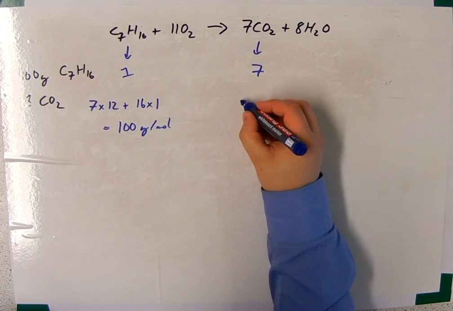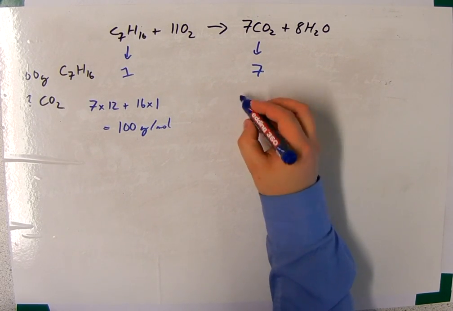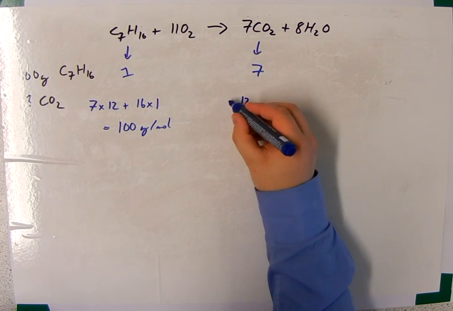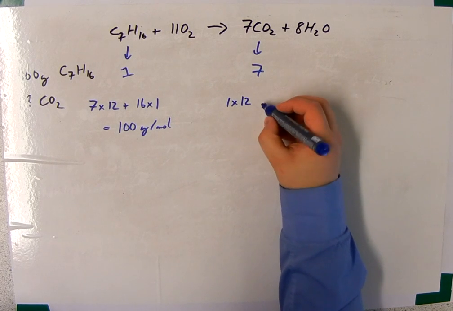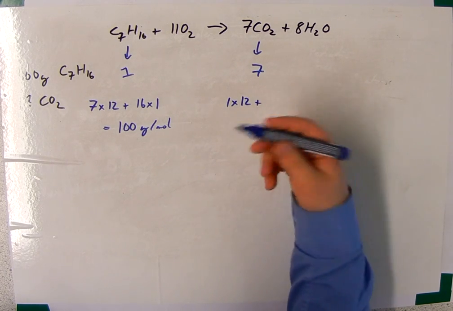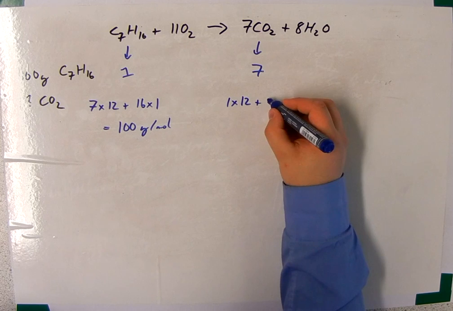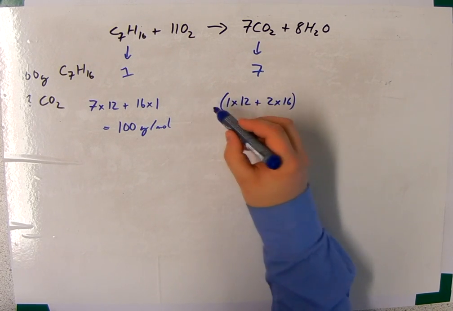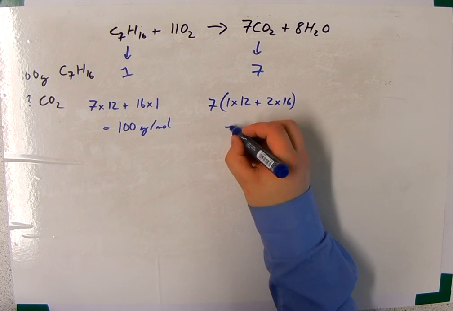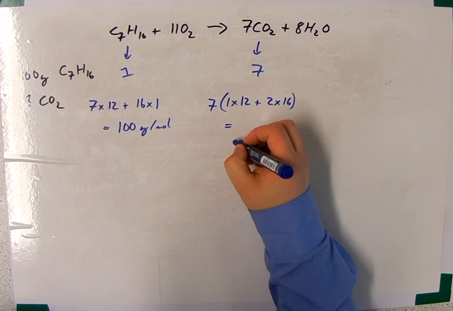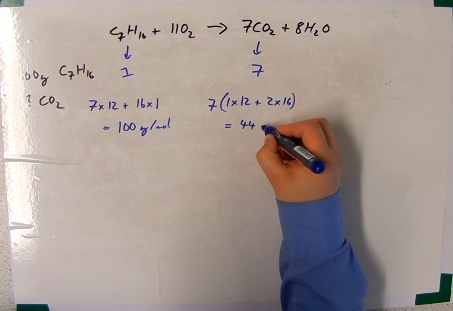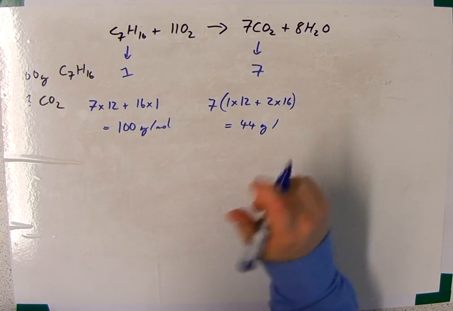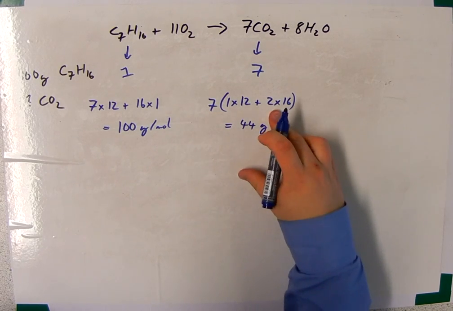Carbon dioxide has, in one molecule, 1 carbon, which is 12, and 2 oxygens, and that's all times by 7, which gives us 44 grams per mole.